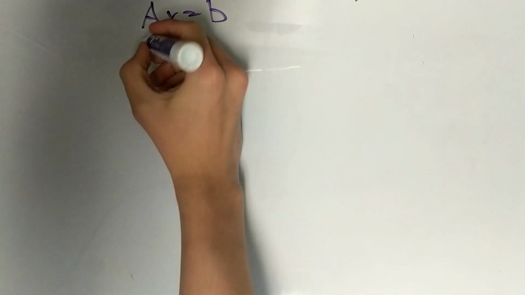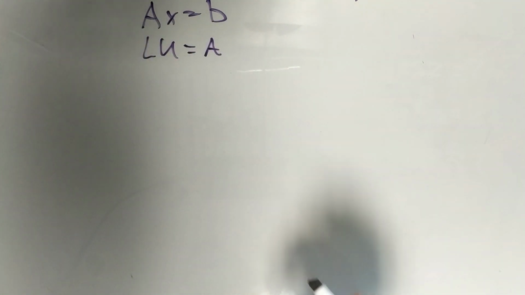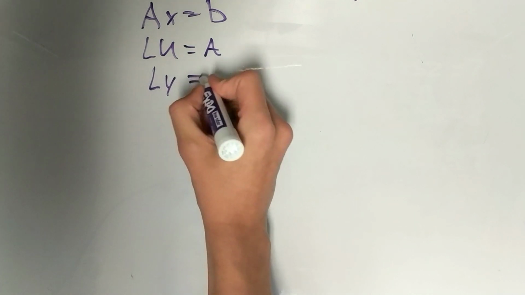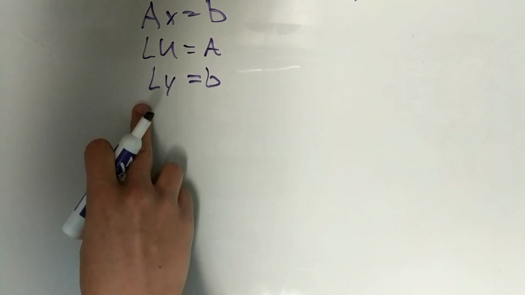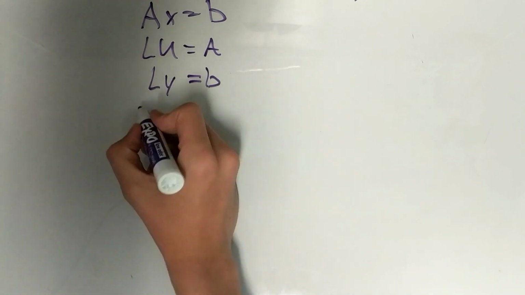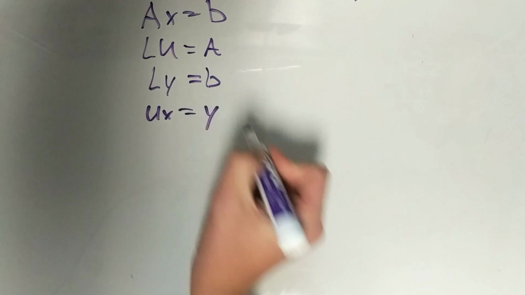Now, if you remember, our LU decomposition created a lower and upper matrix that equaled A. And if you recall, our forward substitution created a y such that L times y equals b. And then our back substitution created an x such that U times x equals y.